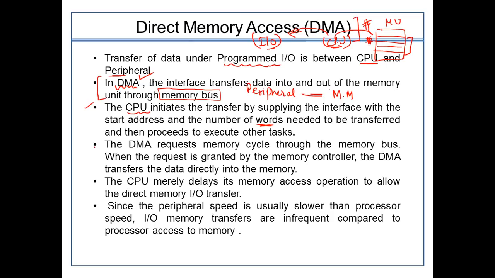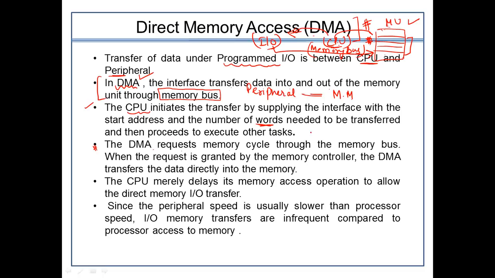Then, after taking the entire information, the DMA requests a memory cycle through the memory bus. It requests that it needs a memory cycle, so definitely it has to work with the memory cycle.